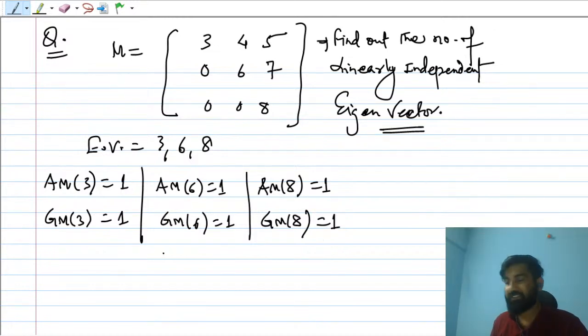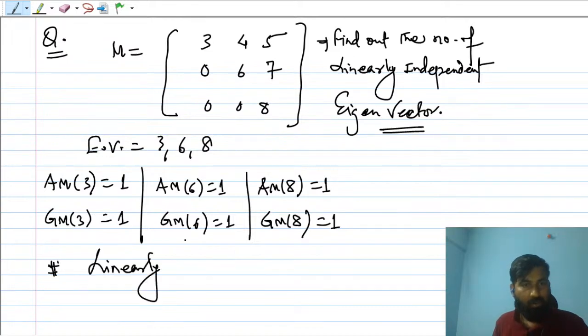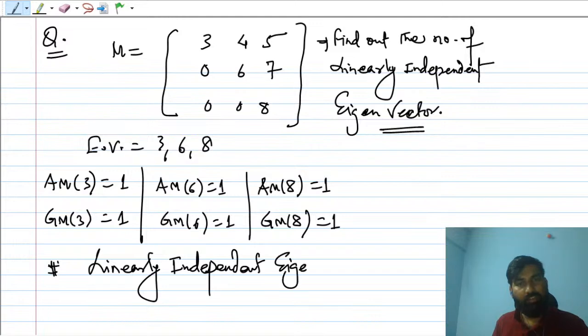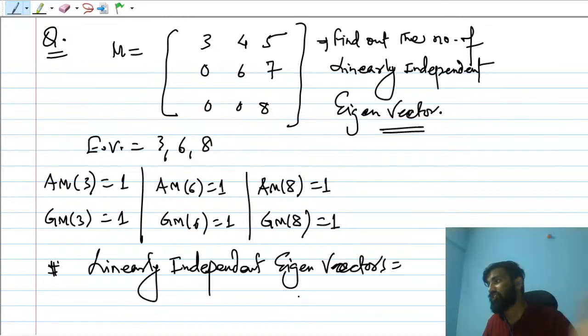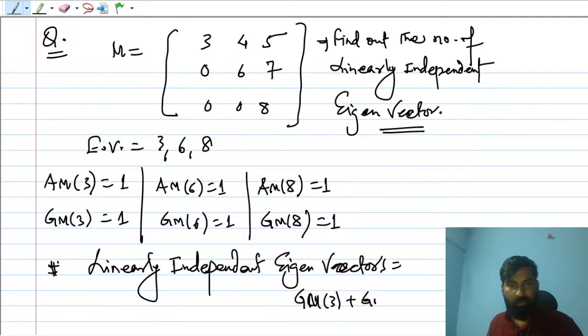Now if somebody asks what is the number of linearly independent eigenvectors, the relation between GM and it will be GM of 3, and so on.